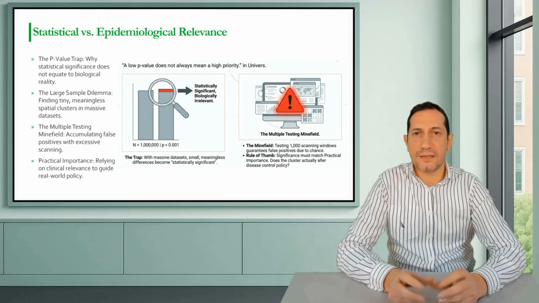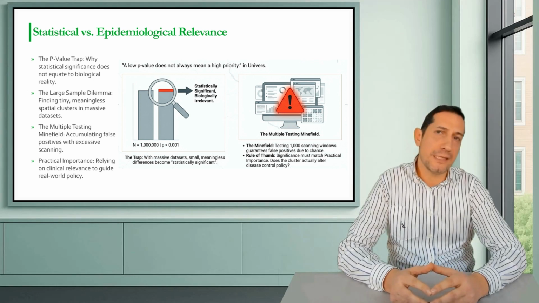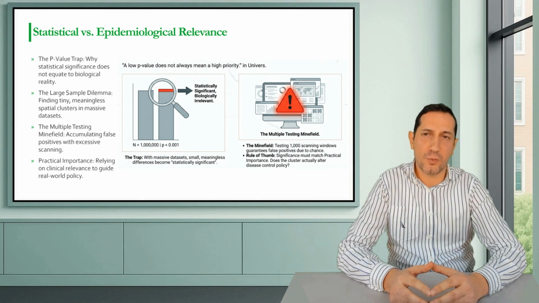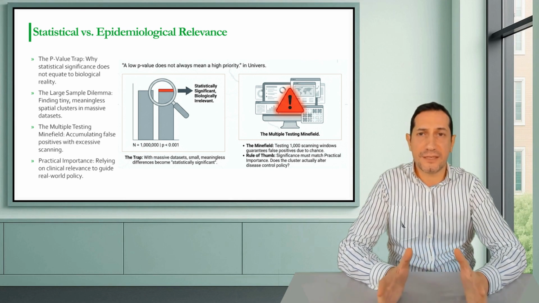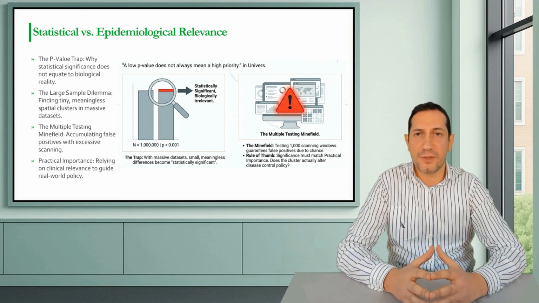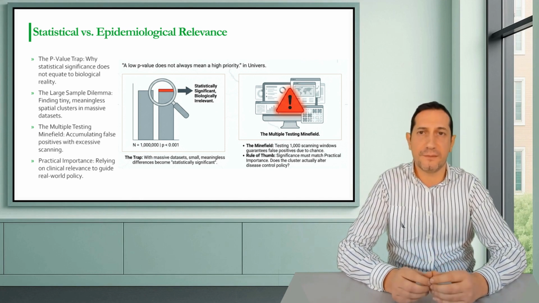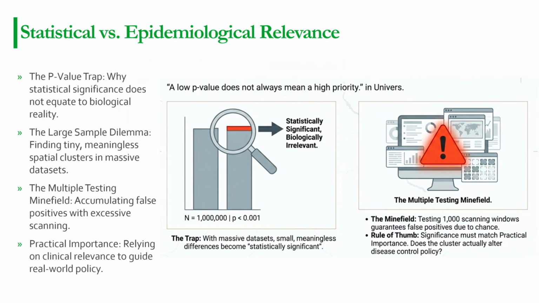As we generate these complex spatial statistics and p-values, we must maintain our clinical grounding. There is a dangerous tendency to equate statistical significance with medical importance or biological relevance. Small differences of no real interest can be statistically significant simply because the sample size of animals or farms is massive.